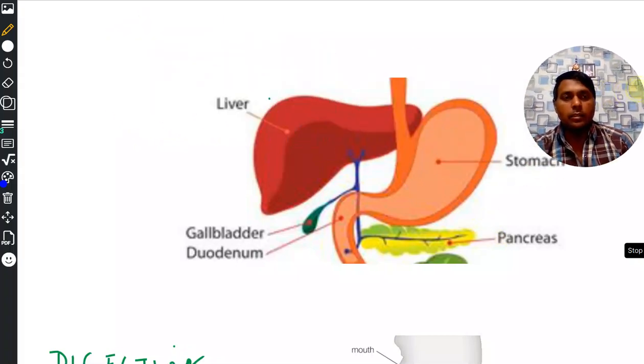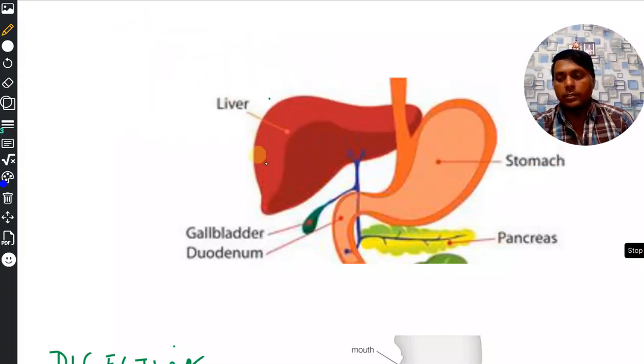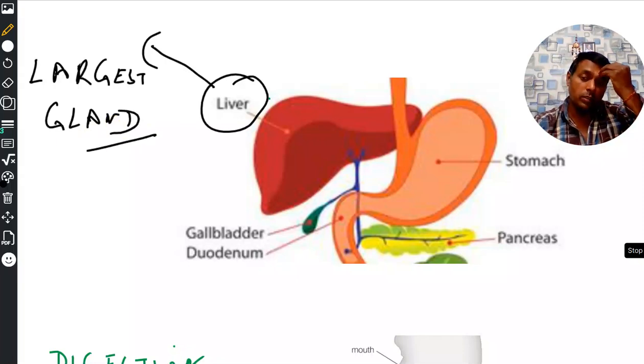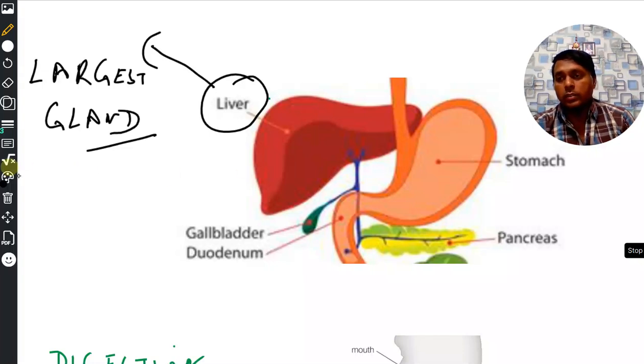So you can see there is a picture of the liver. Do you know what the liver is? What is the function of the liver? It is the largest gland in our body. Do you know it? It is the largest gland. And what does it do?